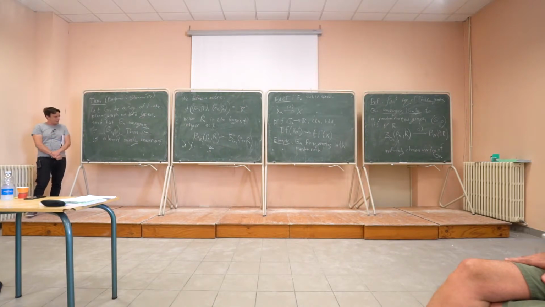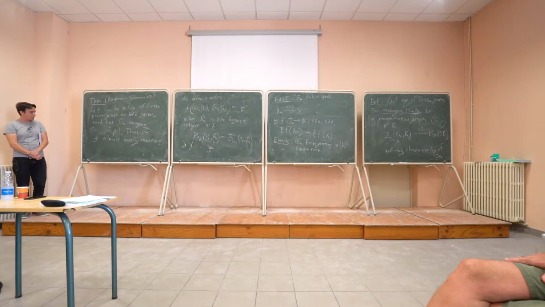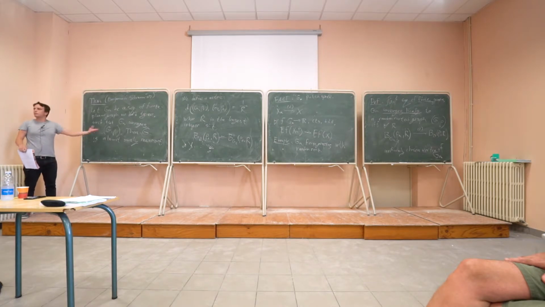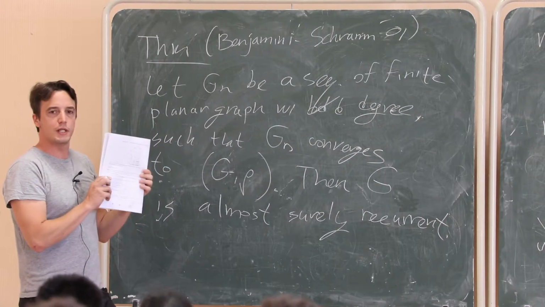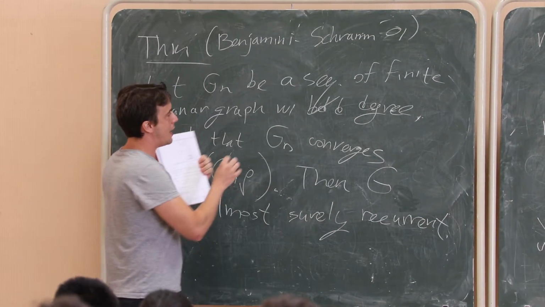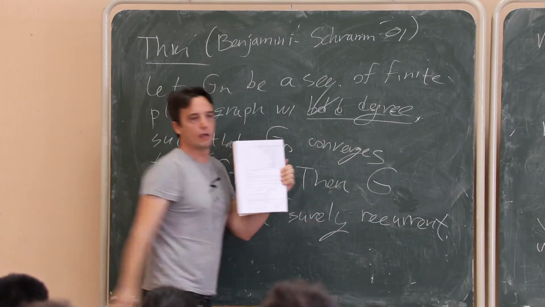And this is one of the manifestations of this theorem, but this theorem is much stronger. On page 52 of your lecture notes, you will see an example of why this theorem has to have the bounded degree assumption.